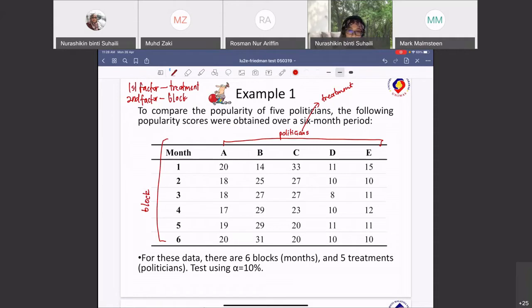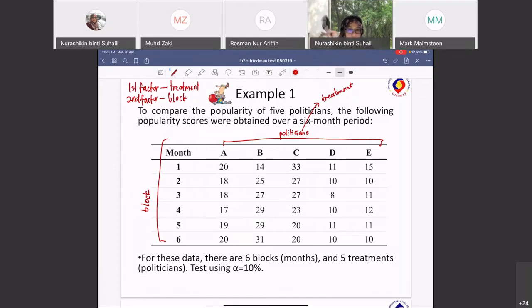In this case, the priority is to compare the popularity of 5 politicians. That is the primary thing to be compared. The focus in this problem is not to compare the months, because the months come after the politician. That is how you can determine the first factor and the second factor, and that will help you categorize which one is the treatment and which one is the block.